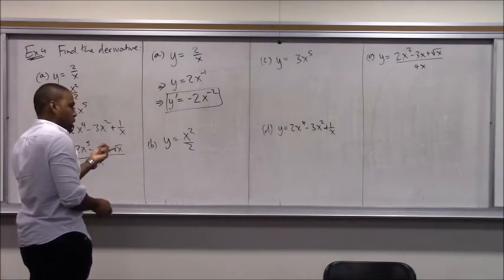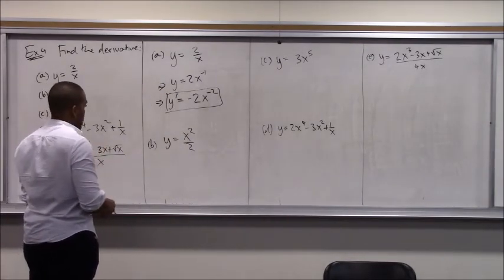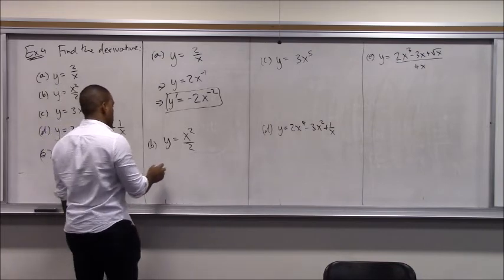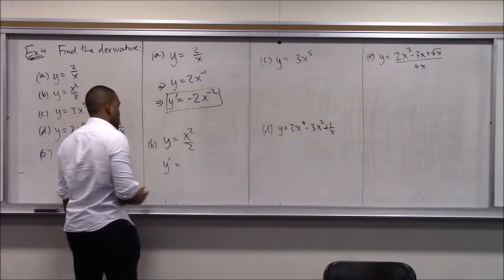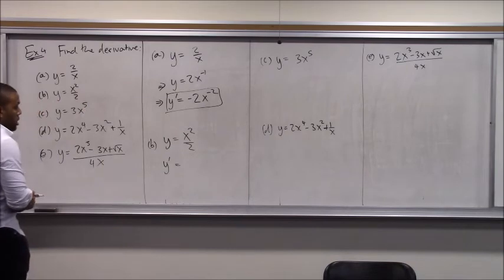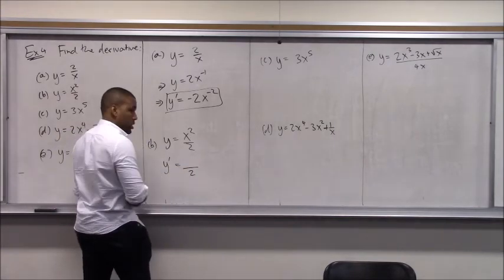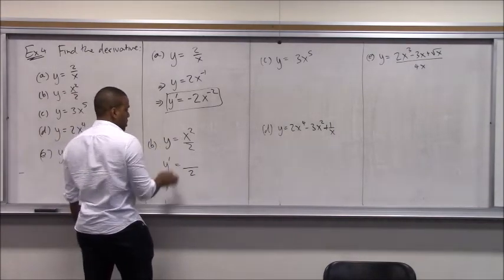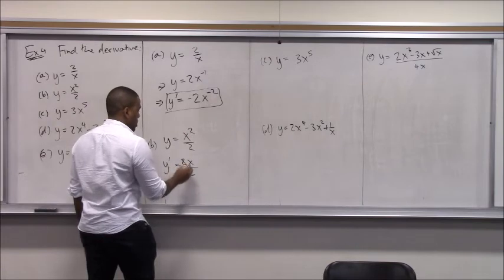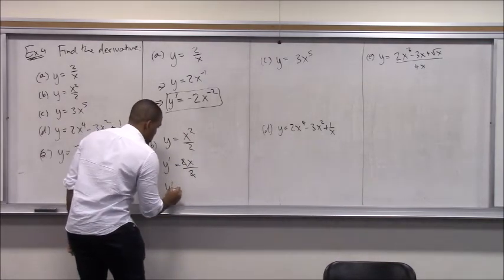So we're going to talk about this more next time, but the trick here, whenever your denominator is a constant, you just leave it alone and differentiate the numerator. Derivative of x squared is 2x. That cancels, that becomes x.